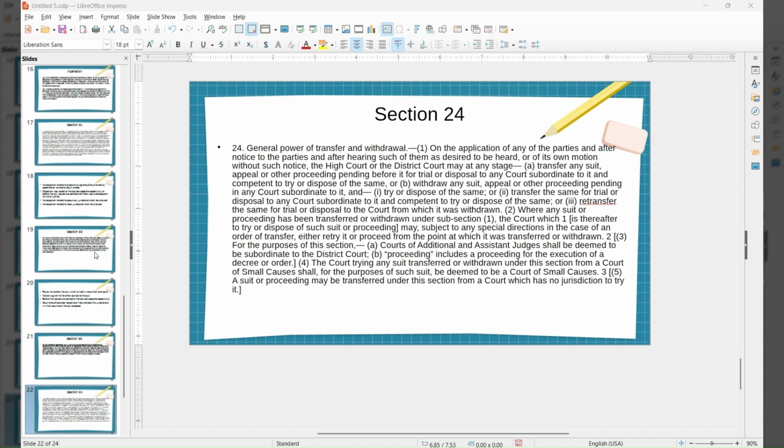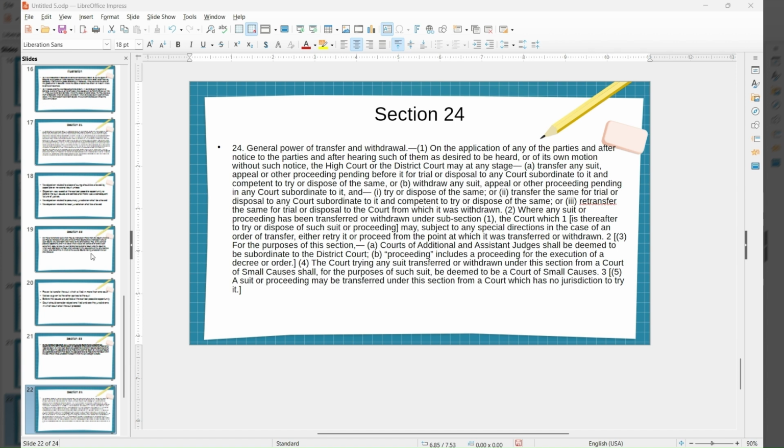So for section 24, courts of additional and assistant judges are deemed subordinate to the district court. They are like the civil courts, and the additional and assistant judges are deemed subordinate to the district court.